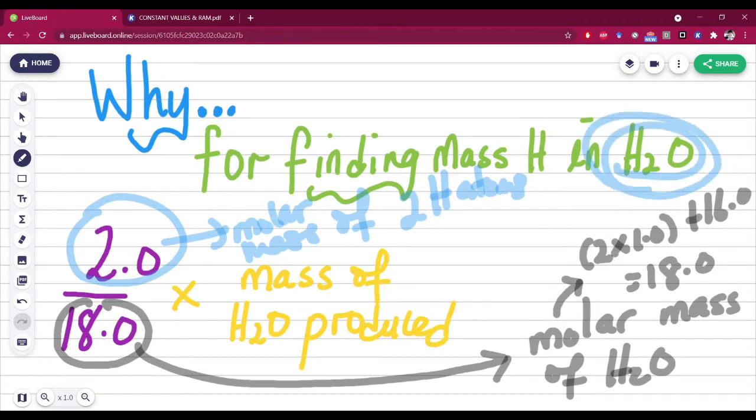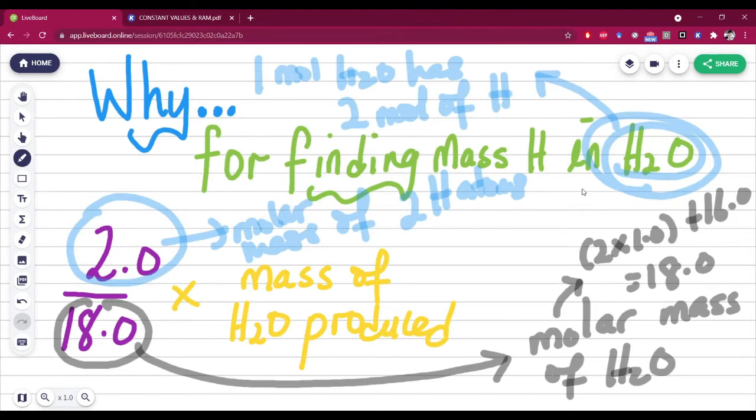Because when you look in your H2O, 1 mole H2O has 2 mole of H, as you can see over here. So that's why you're going to put 2.0 over 18.0 times the mass of H2O being produced.